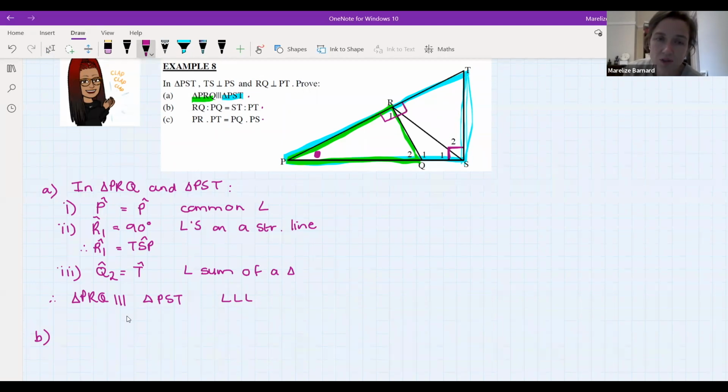Alrighty. Okay, so after we've done the similarity, the following questions, anything you see that looks like this with the ratios and stuff now has to do with the fact that the triangles are similar. And what do we know about the sides of triangles that are similar? What can we say about them? Put it in the chat if you know.